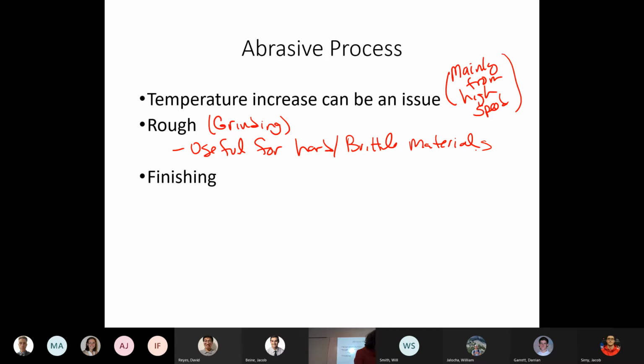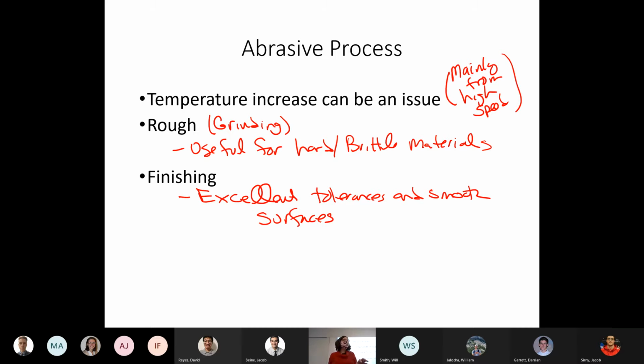But again, we're going to mainly focus on the finishing. From finishing, here is where we can get excellent tolerances and smooth surfaces. Some of our abrasive processes can get surfaces and dimensional tolerances that are better than our standard chip formation processes, and that's why they're referred to as finishing.